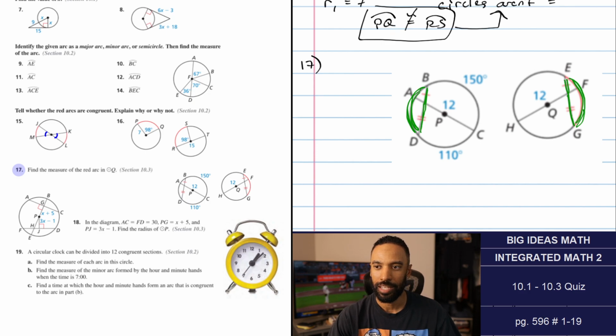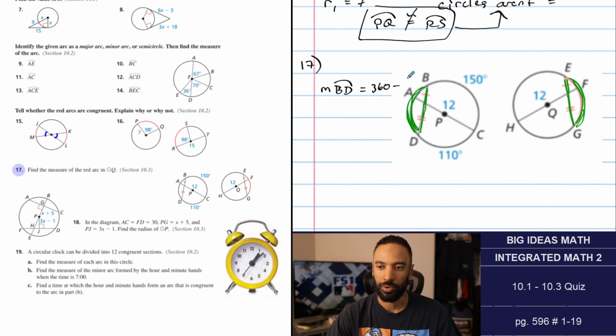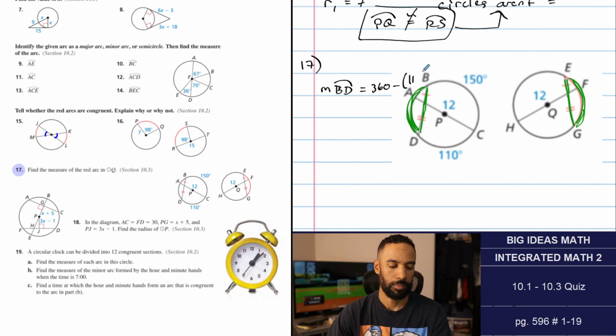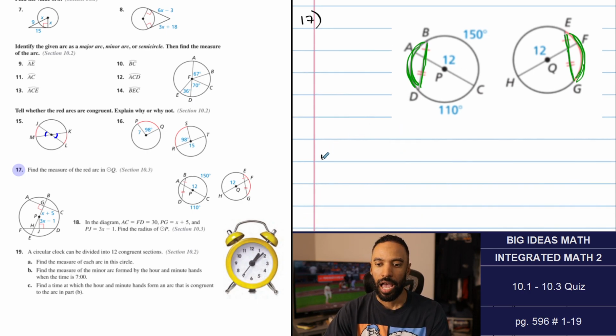So I need to find the measure of arc BD. Measure of arc BD is 360 minus the sum of these arcs, 150 and 110. Let me do this down below. And let me go one step further. I'm going to talk about the measure of arc EG, the one they're referring to.